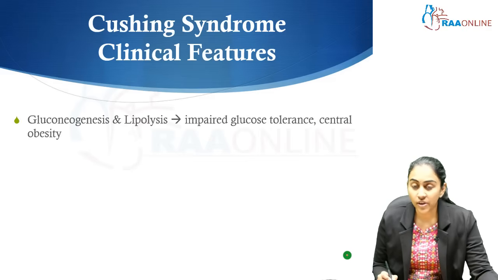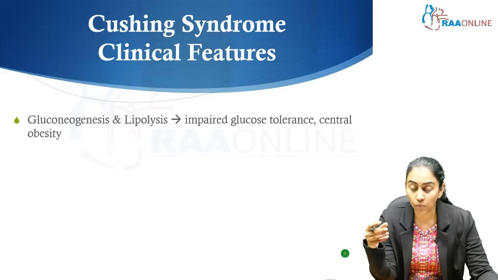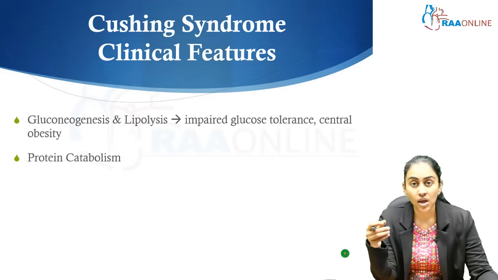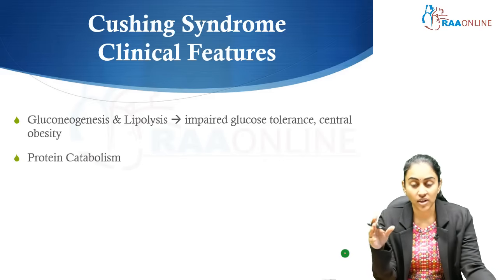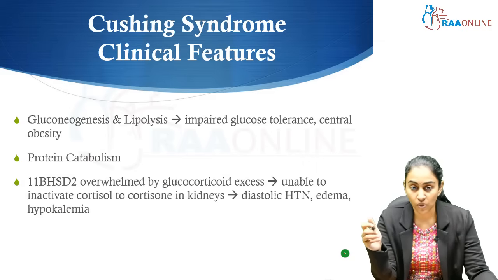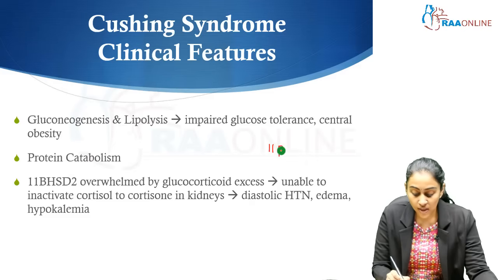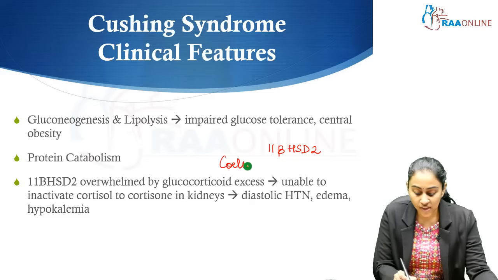Now, what are the clinical features in Cushing syndrome? Because of the glucocorticoid excess, there is going to be gluconeogenesis and lipolysis, and this is going to contribute to the central obesity and impaired glucose tolerance, which plays an important role in characterizing the Cushingoid features. There is also going to be an increase in protein catabolism. Now, what happens? 11-beta-hydroxysteroid dehydrogenase 2 is the enzyme responsible for converting cortisol, the active form, into the inactive cortisone.